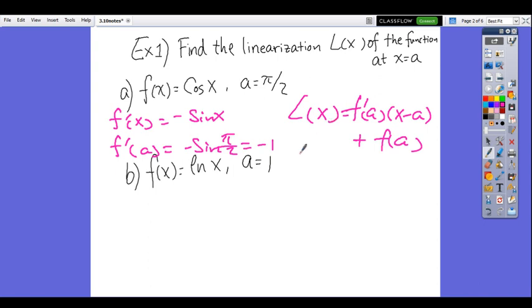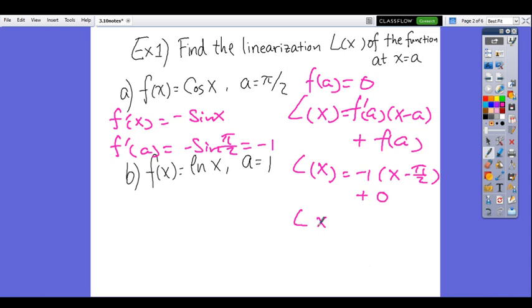And then by plugging in the numbers, we have L of x equals negative 1 times x minus a, so x minus pi over 2, and then plus f of a. So f of a is just cosine of pi over 2. Let's find out what that is: cosine of pi over 2 is 0. So plus 0.